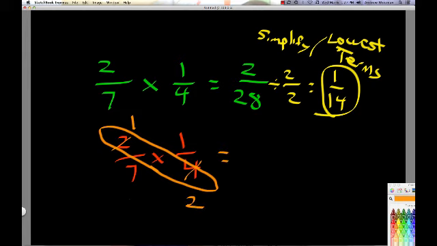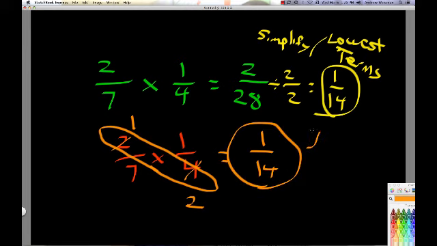So now I've just made this whole thing a lot easier to do. 1 times 1 is 1, and 7 times 2 is 14. And you can see that our answers in fact match. So there are a few different ways of looking at this in order to get to your final answer.